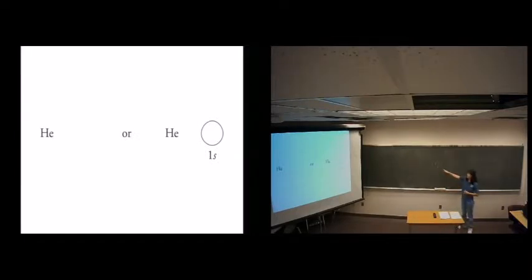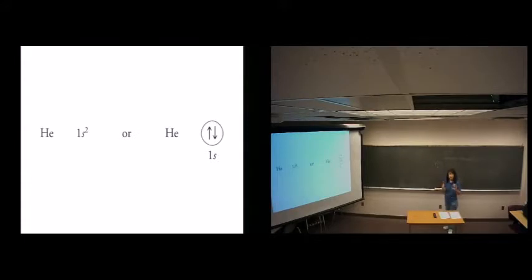That is the orbital diagram for helium. We start with the 1s and put 2 electrons of opposite spin. That's helium. This is called an orbital diagram. I've got my circle here and my opposite spins.